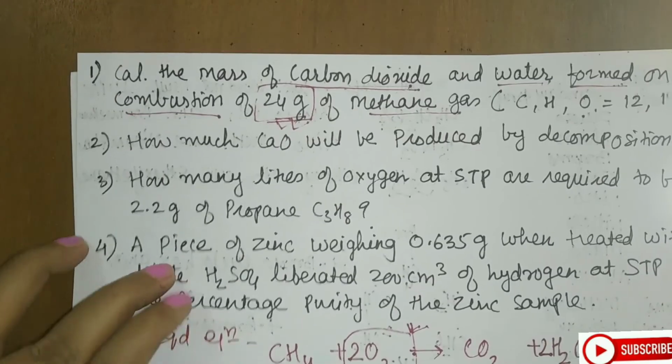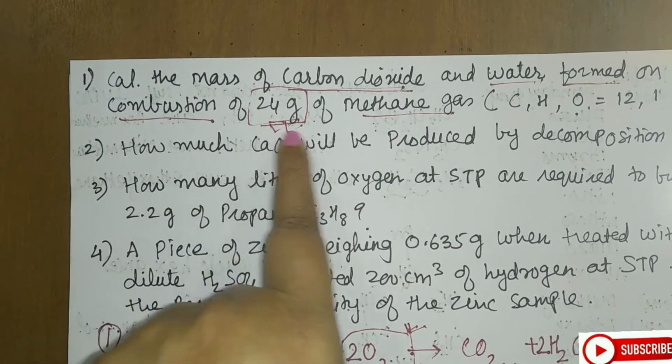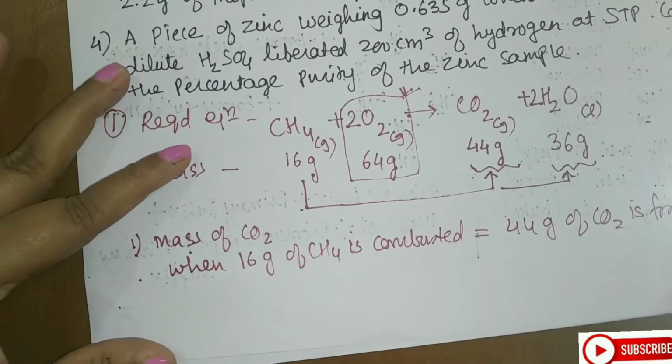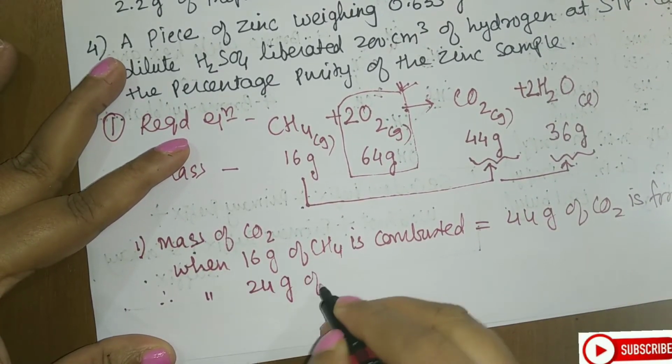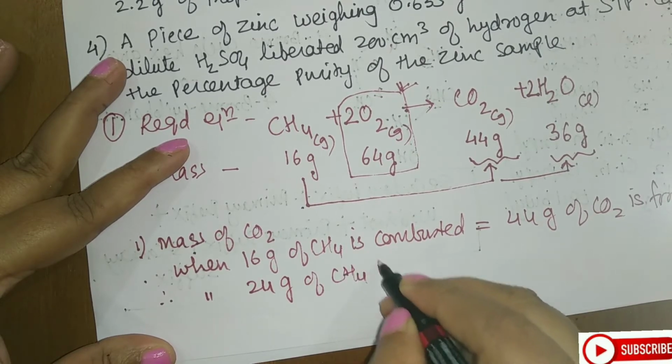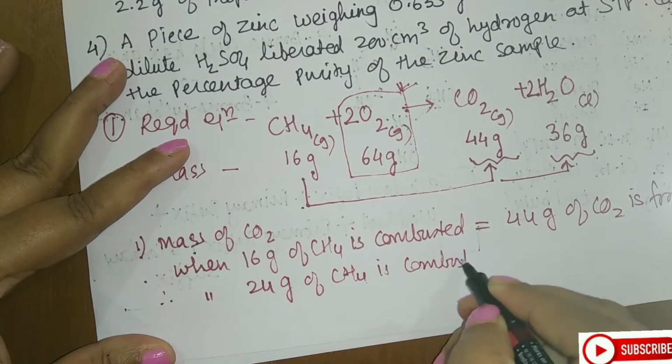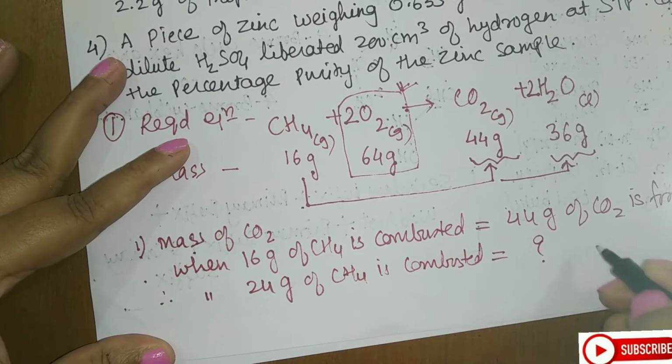Now how much are they asking? When 24 gram of methane is combusted, then how much carbon dioxide will be formed?